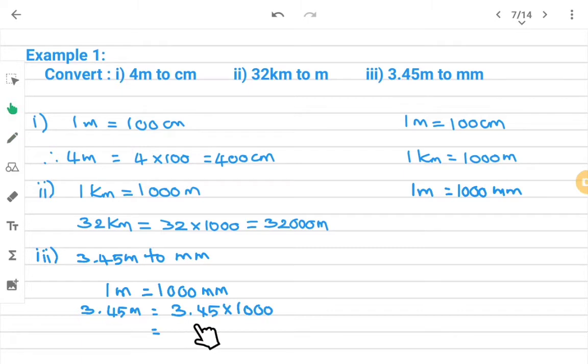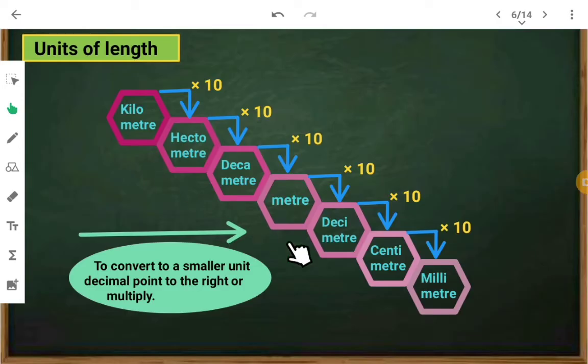Here you have 2 decimal places, and you are multiplying by 1000. So how many decimal places will it move? It will move 3, right? So you will get 3450 millimeter. Don't forget this conversion. For this you have to remember this ladder.